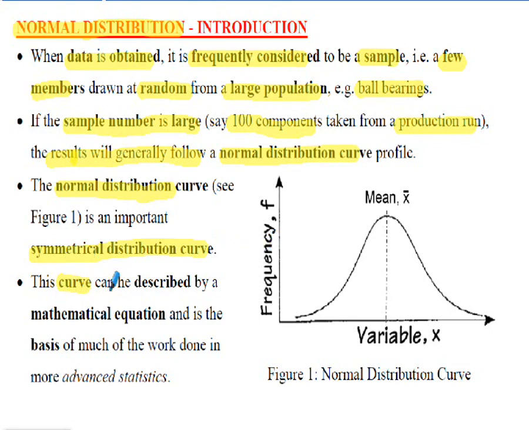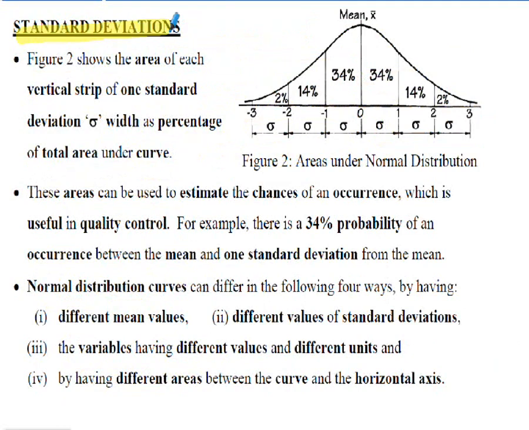The curve is described by a mathematical equation, and this is the basis of much work done in advanced statistics. Standard deviations. Figure 2 shows the area of a vertical strip of 1 standard deviation, symbol sigma, as a percentage of the total area under the curve.